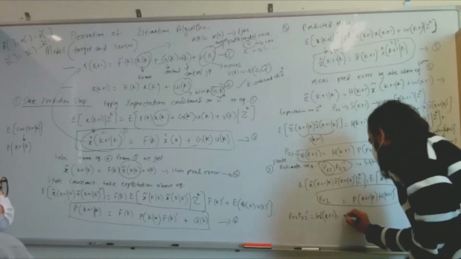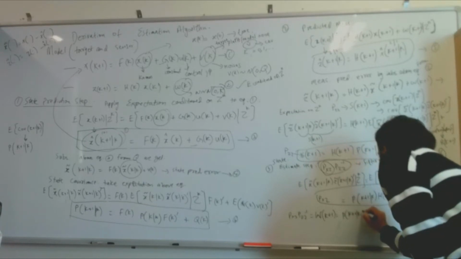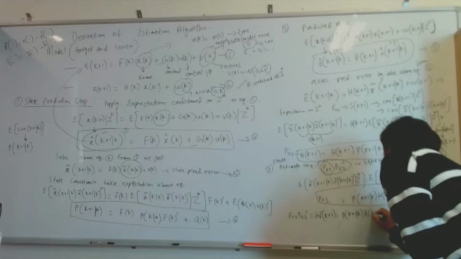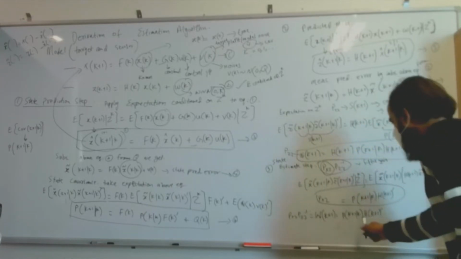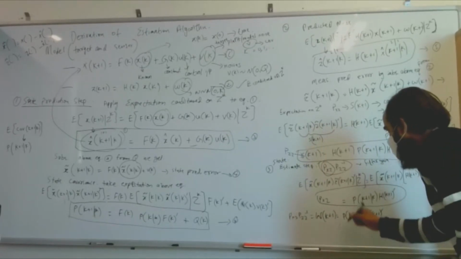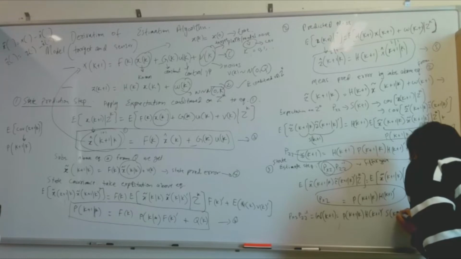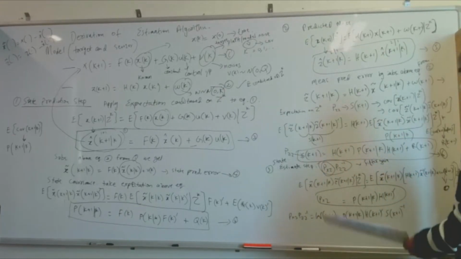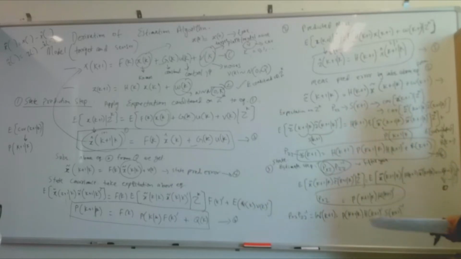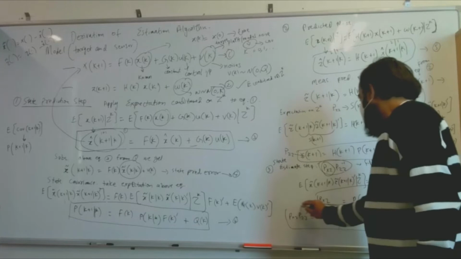This is the PXZ, multiplied by this thing, S k plus 1 inverse. So this is your filter gain.